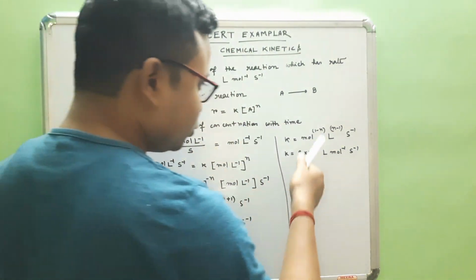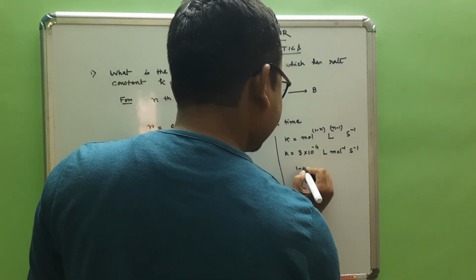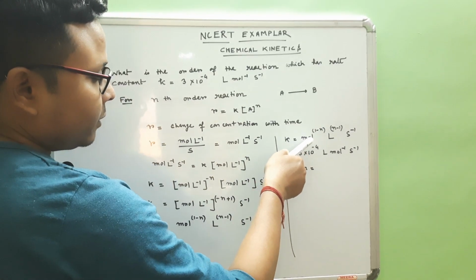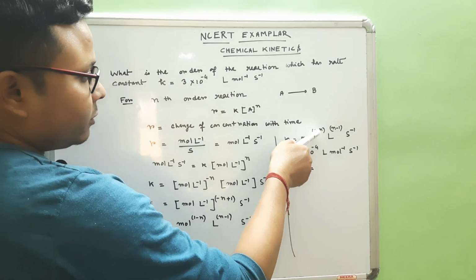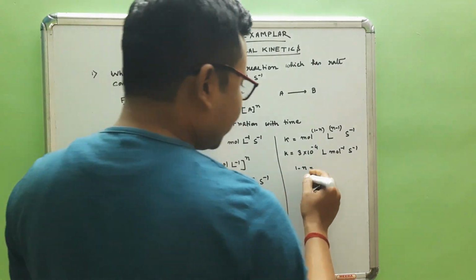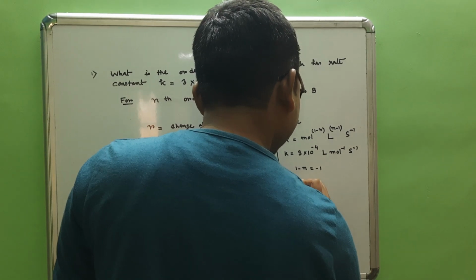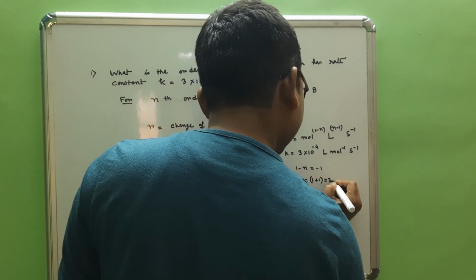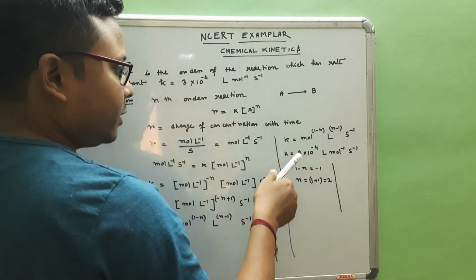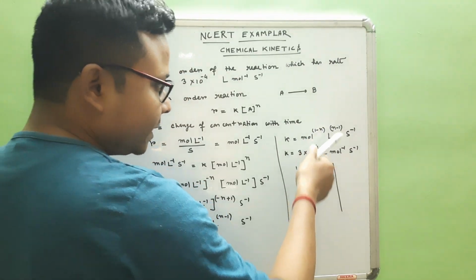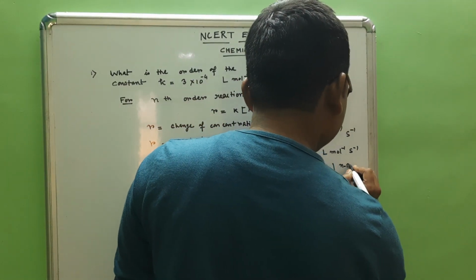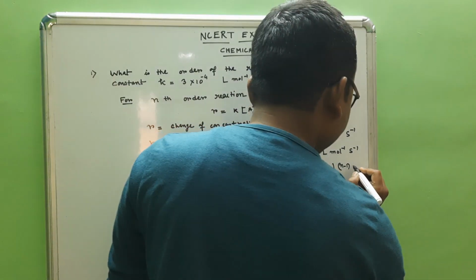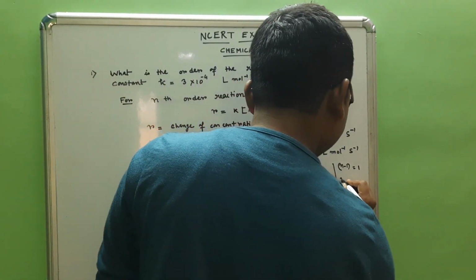The power of mole is 1 minus n, and here the power of mole equals minus 1, so 1 minus n should be minus 1, so n will be 2. If we compare the unit of liter, we will get the same value, because here the power of L equals n minus 1, and here the power of L equals 1.